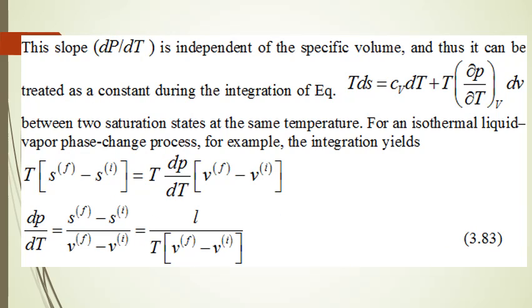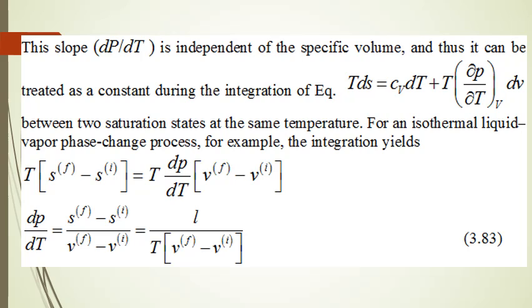This slope dP upon dT is independent of the specific volume, and thus it can be treated as a constant during the integration of the equation, that is TdS is equal to Cv dT plus T into del P upon del T when v is constant into dv, between two saturation states at the same temperature.